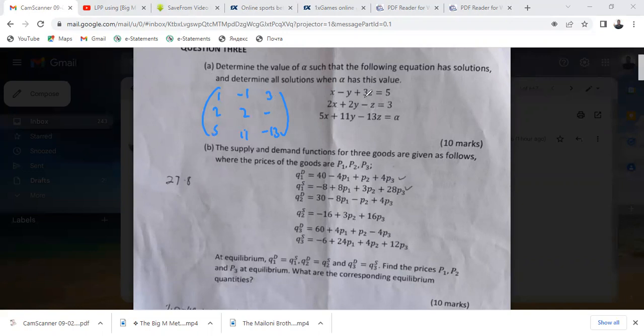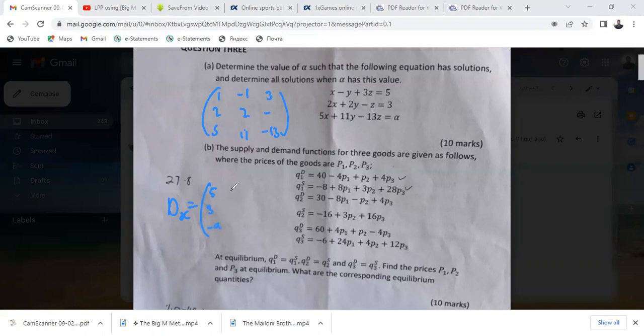Now, when you go to the next one, let's say you want to come up with dx, the determinant that will have x. You replace this column with 5, 3, 3.